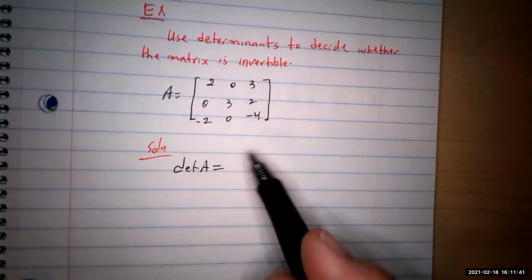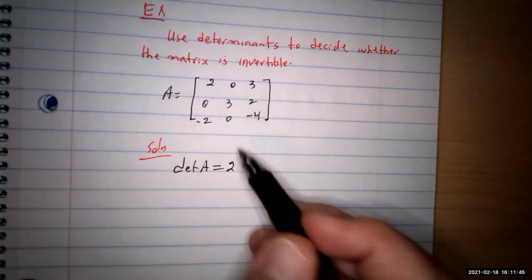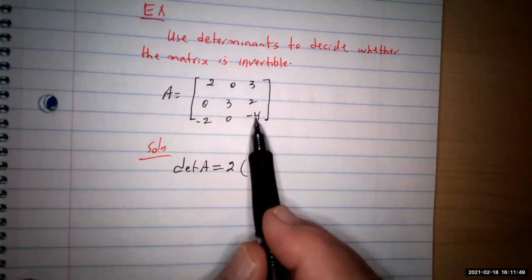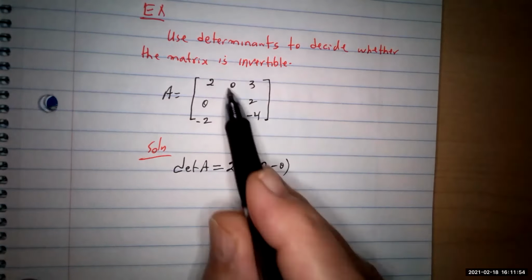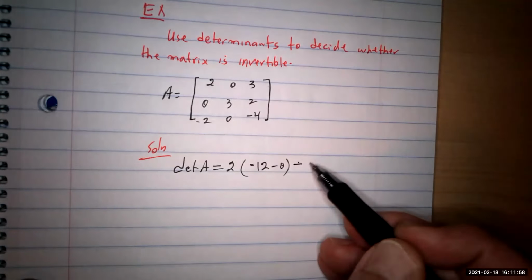I distribute it here, so it's going to be 2 times the determinant of the resultant matrix, element row column, so that gives you negative 12 minus 0. The second one is 0, nothing here.